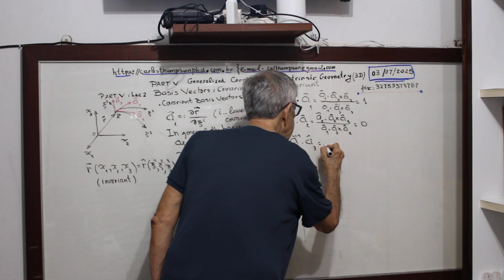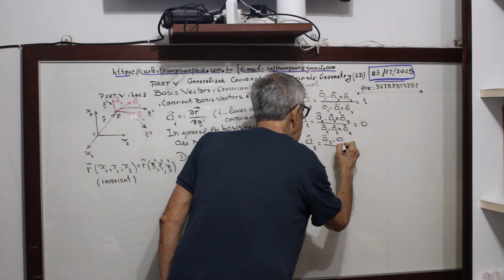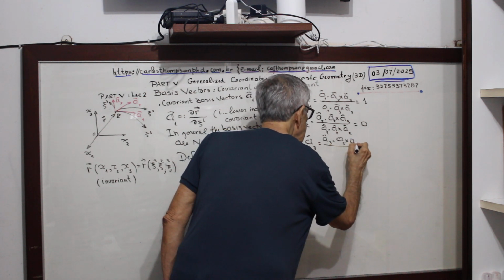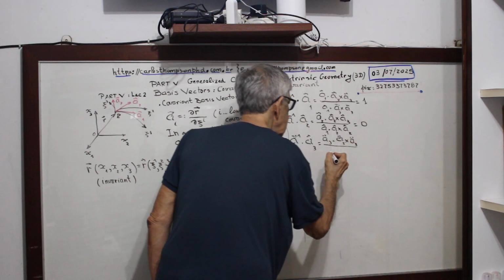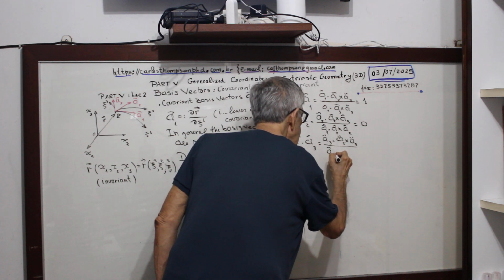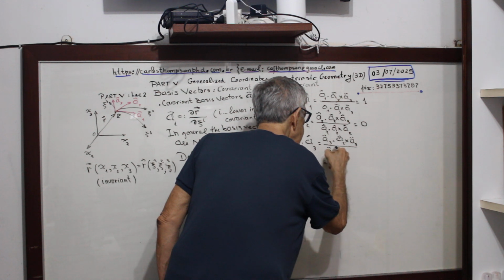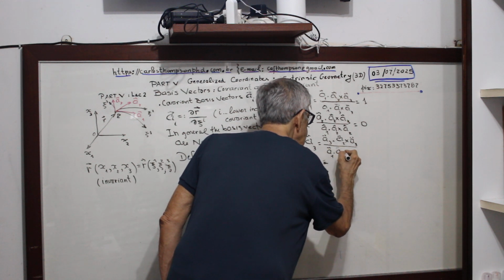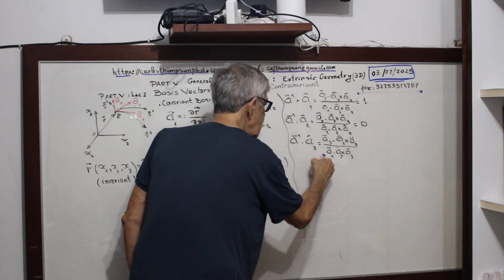This will be A3 dot A2 A3, divided by A1 A2 cross A3.